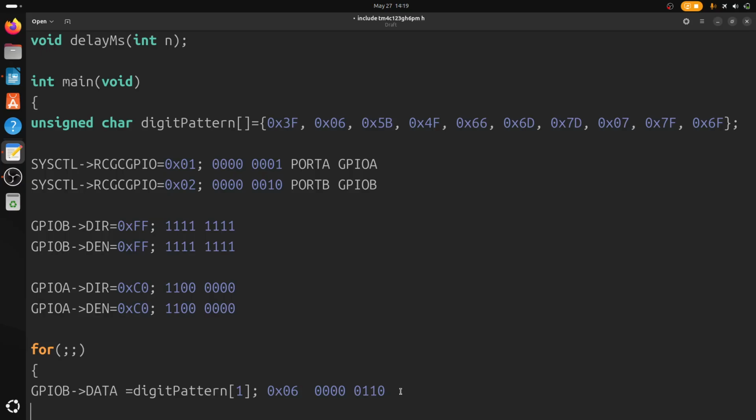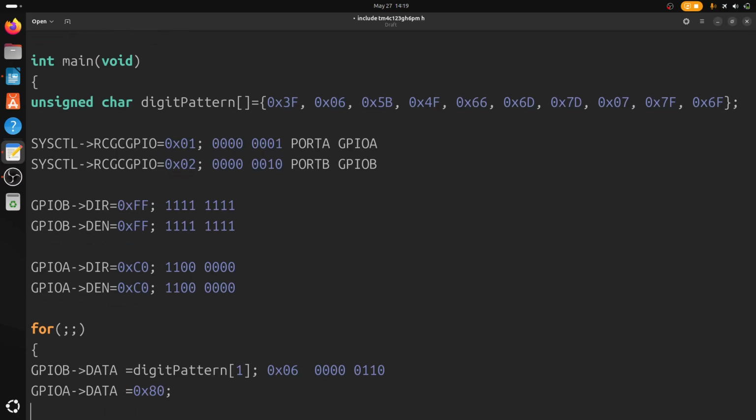And then after this, GPIOA, supplying data equal to 0x and 0.